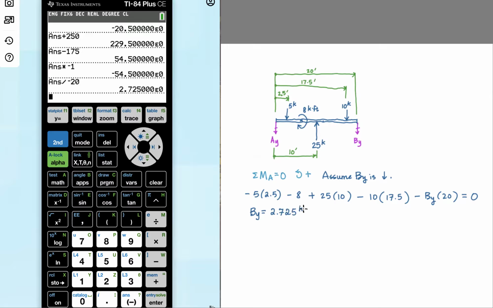I got a positive number, so that validates my assumption that that reaction is downward.